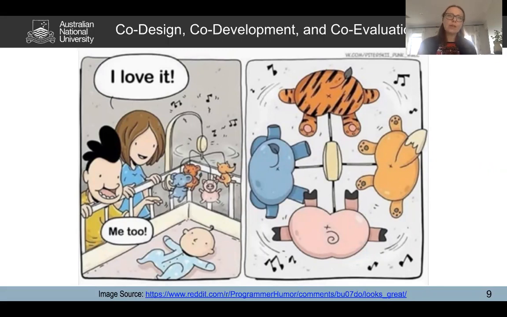And then it's about co-design, co-development, and co-evaluation, usually around iterations. And again, I emphasize, it is doing it together with people whose decision-making or information flow workflow we are trying to support.